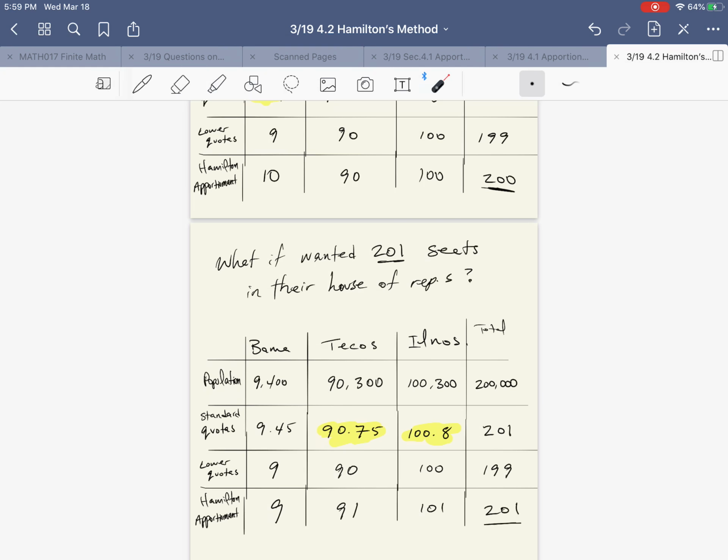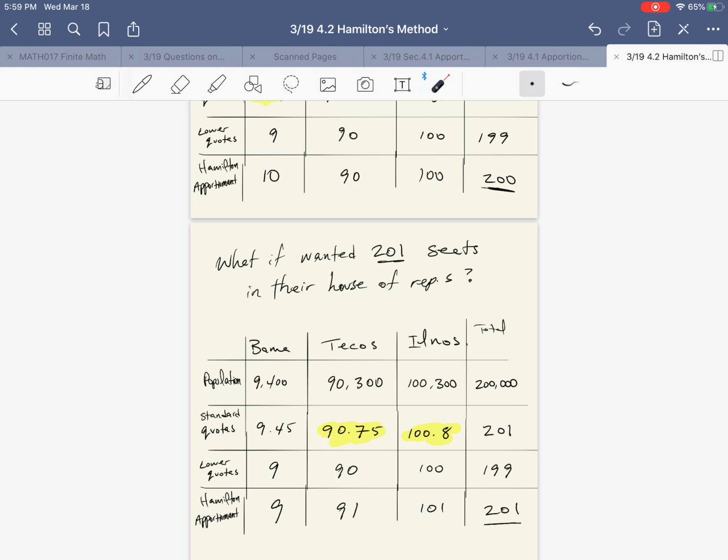And this is exactly what happened to Alabama. The population of Alabama grew. This was 1850 to 1911. In 1911, the population of Alabama had grown, and so Alabama was supposed to get an extra seat, but indeed they did not.